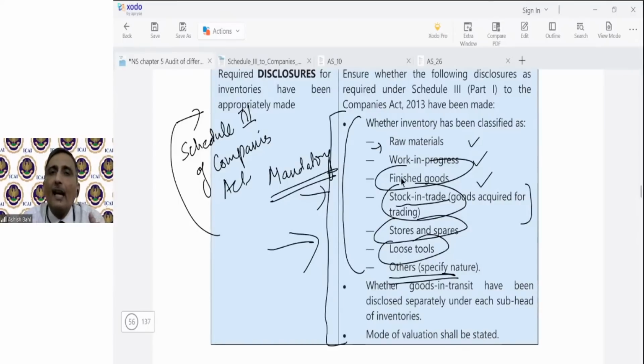You have already read about inventories in AS 2 in your accountancy classes. So you can go to the disclosure requirement of inventories. So try to remember requirements of those items first with which you are familiar.